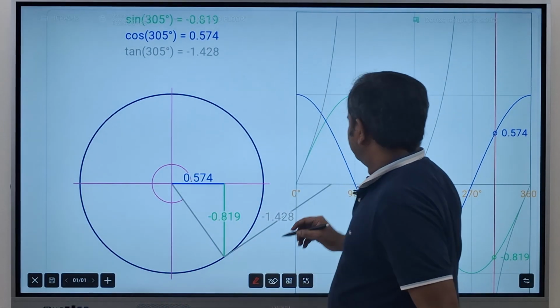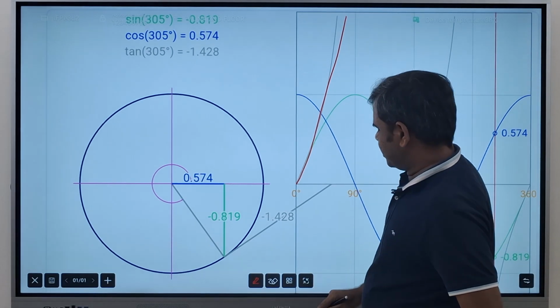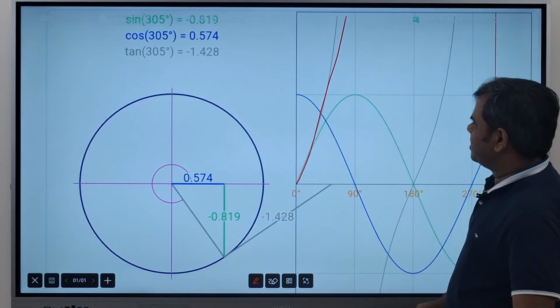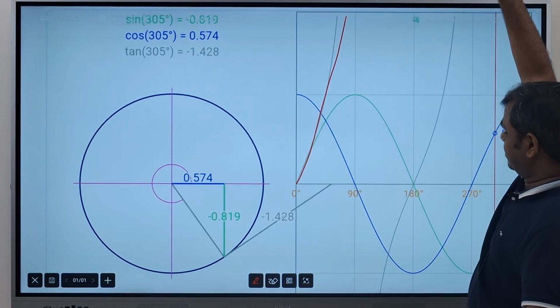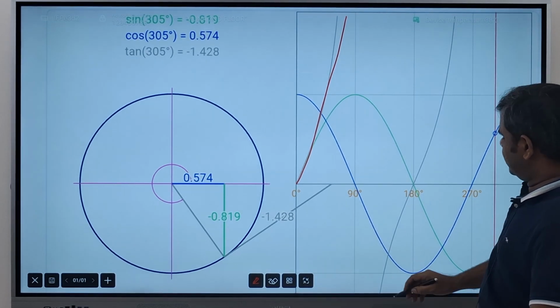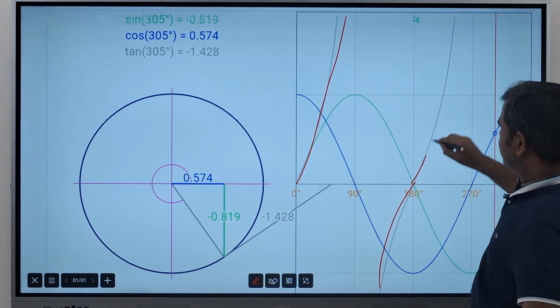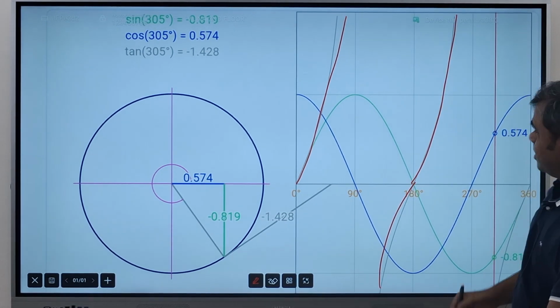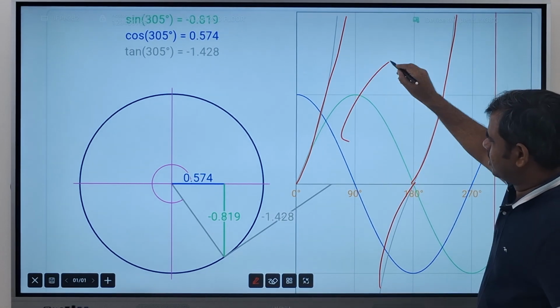As the angle increases from 0 degrees to 90 degrees, tan theta increases from 0 to plus infinity. And here minus infinity to 0 between 90 degrees and 180 degrees. 0 to plus infinity in the third quadrant. Minus infinity to 0 in the fourth quadrant. That is the tan theta graph. Blue line is the cos theta graph.